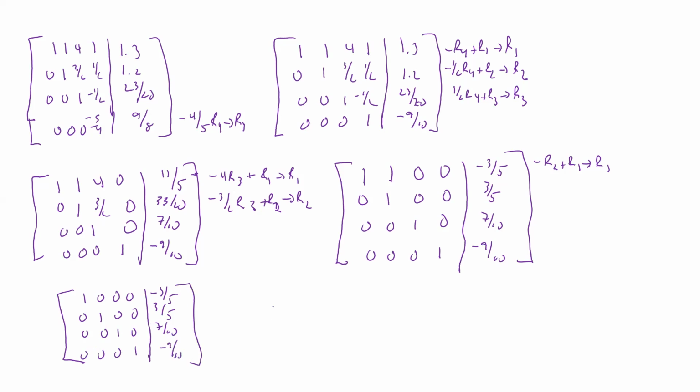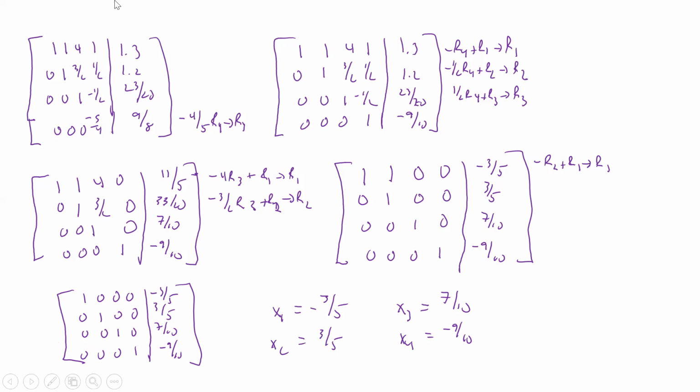And so we get x1 is equal to -3/5, x2 equals +3/5, x3 equals 7/10, and x4 equals -9/10. So if we go back to what we did in the calculator, let's see here.